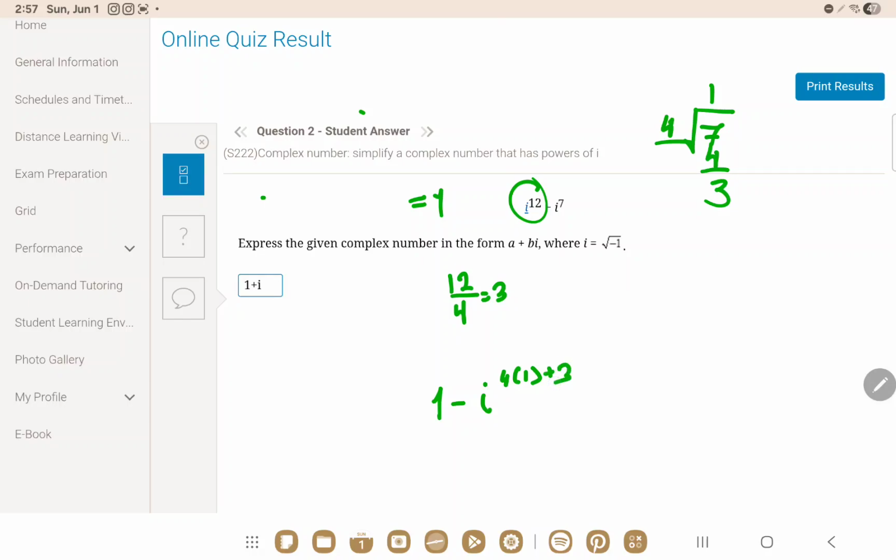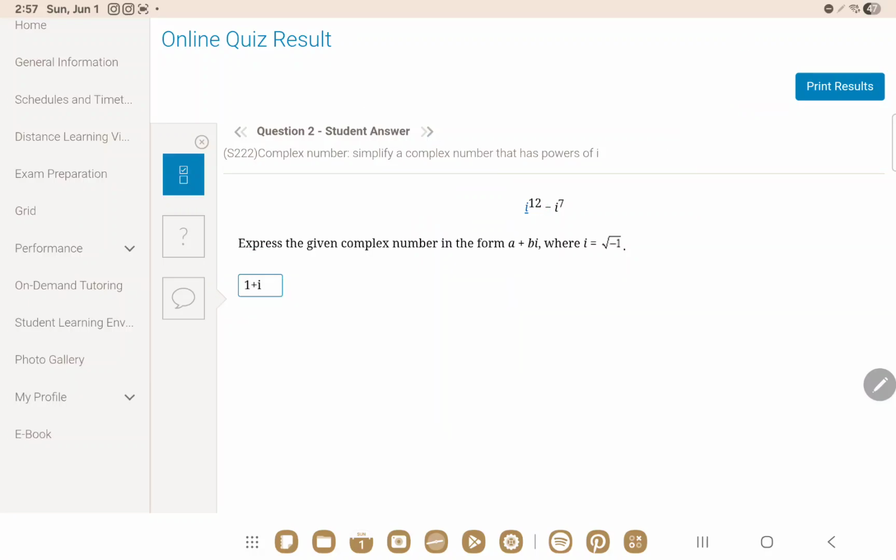Now we said whenever you have 4 plus something, ignore the 4. So it's technically i to the power of just 3. I to the power of 3 is just -i. So we could replace this by -i. And we have negative, which makes plus, so 1 plus i. And that's your answer. Moving on.